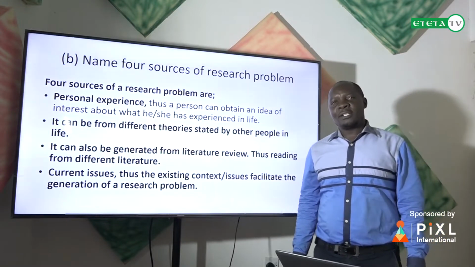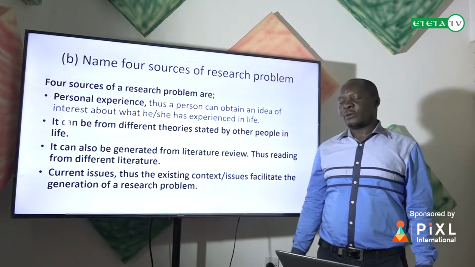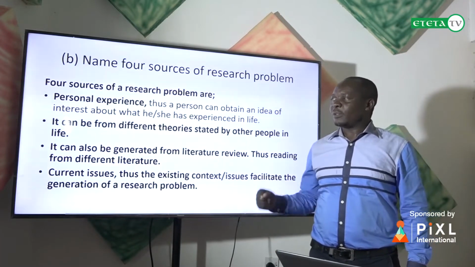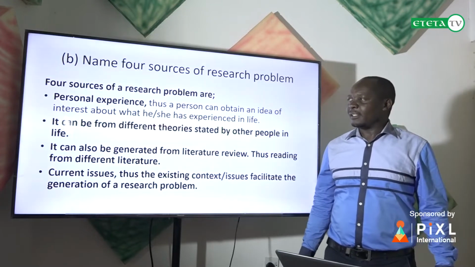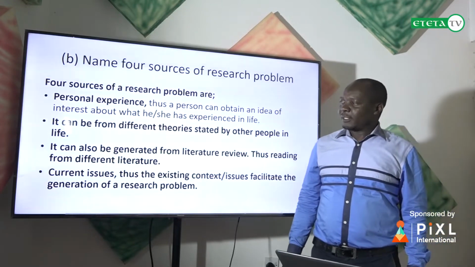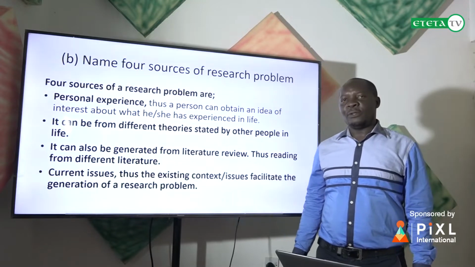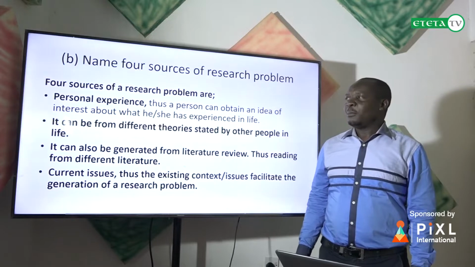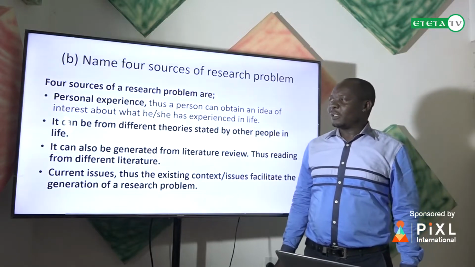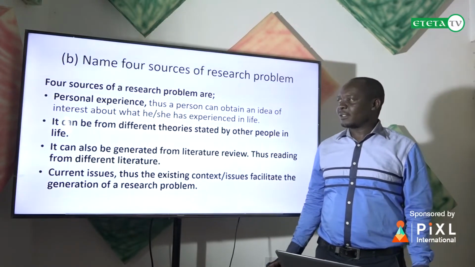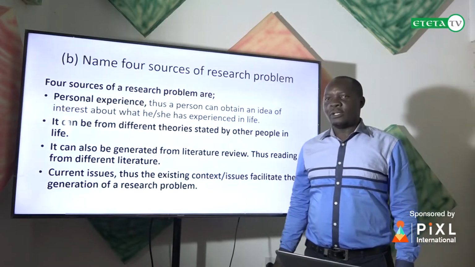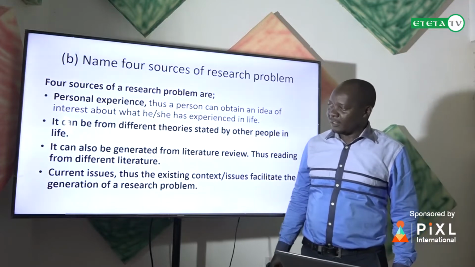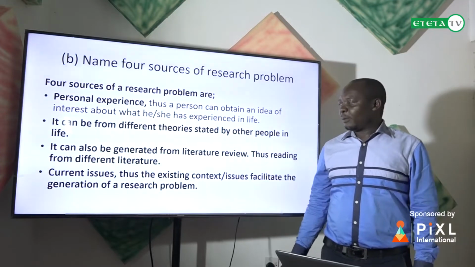The theories stated by other people can give a person a subject matter for generating a study. Number 3, it can be generated from literature review. That means by reading various literature, various books, newspapers, magazines, and so on, a person can get a problem of study.